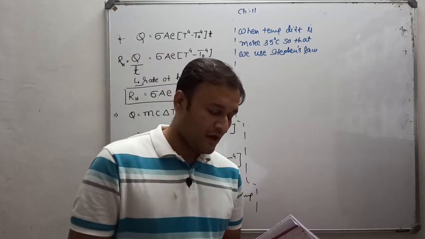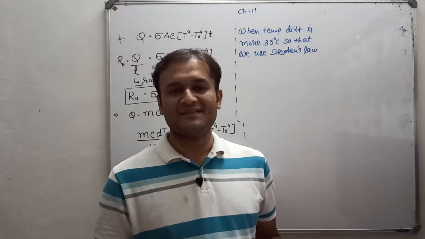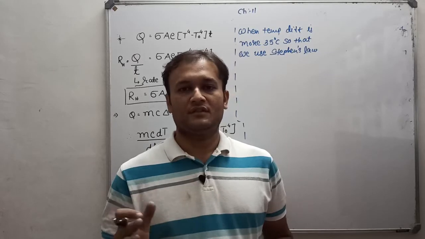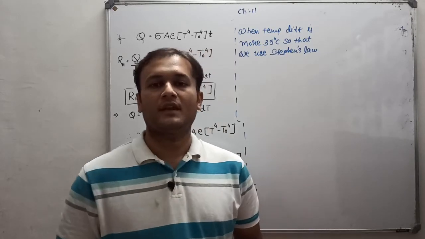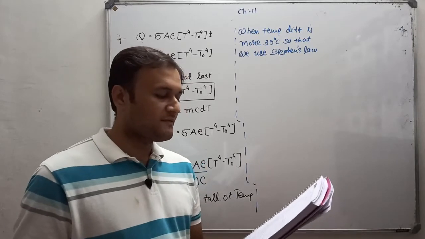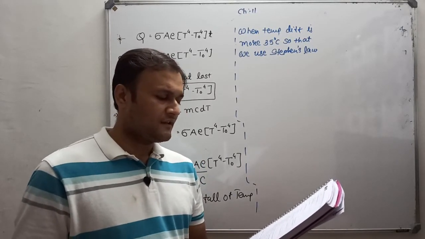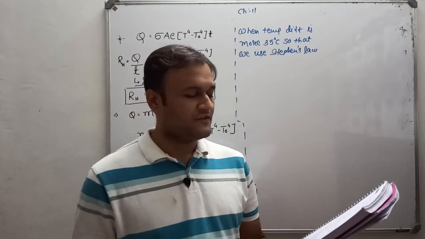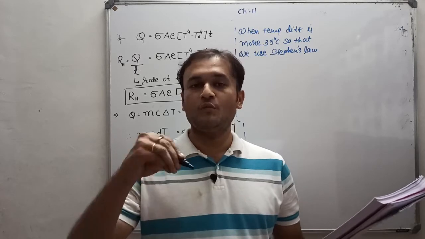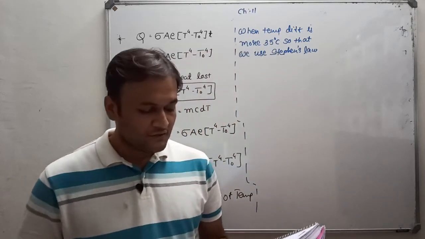Okay, now the third one, different shape bodies. Different shape bodies means square, round sphere, triangle. Different shape bodies: cube, sphere, cylinder, flat surface. The constants are T0, V equal to the volume of the body, and all are the same material.